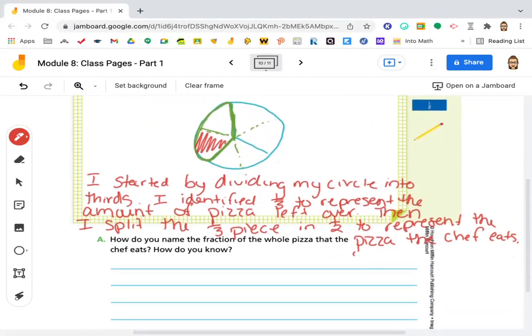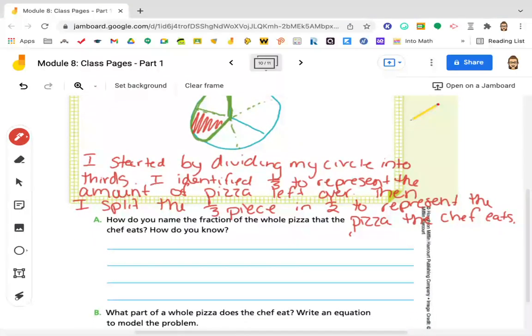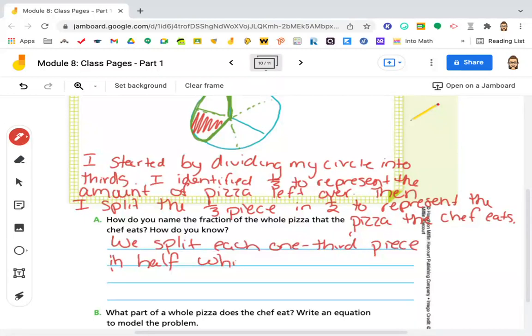So then it says, how do you name the fraction of the whole pizza that the chef eats, and how do you know? Well, we split each 1/3 piece in half, which left us with a total of 6 pieces.